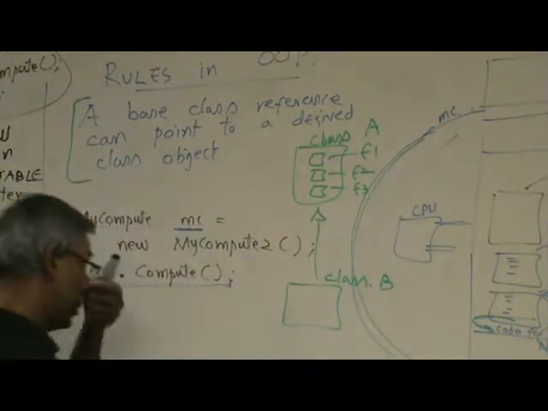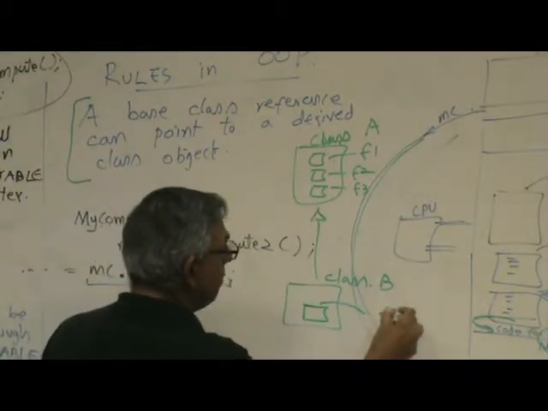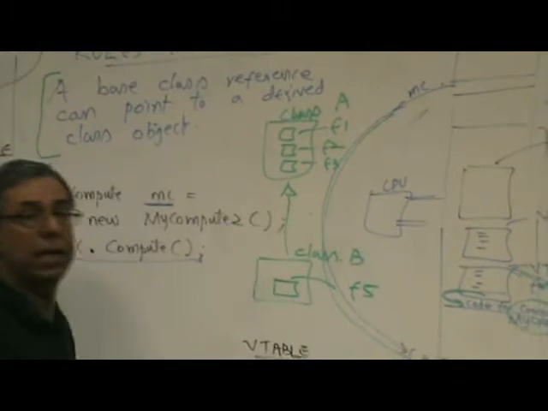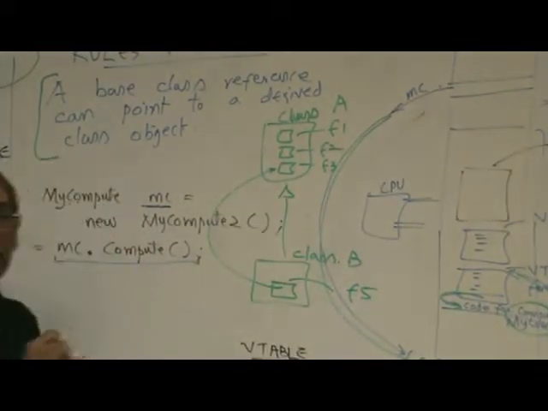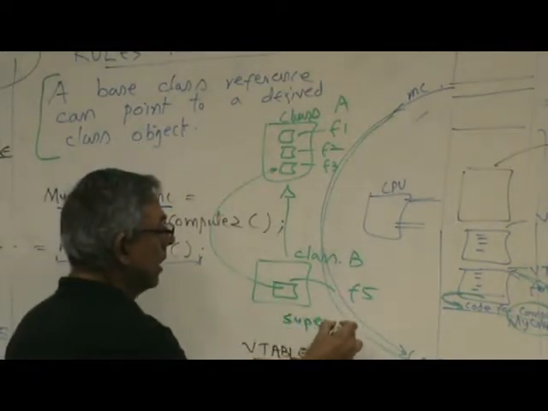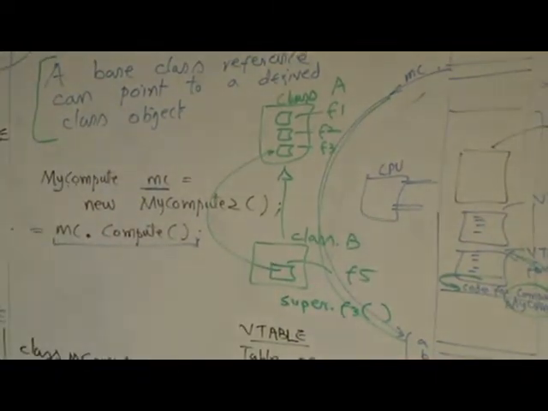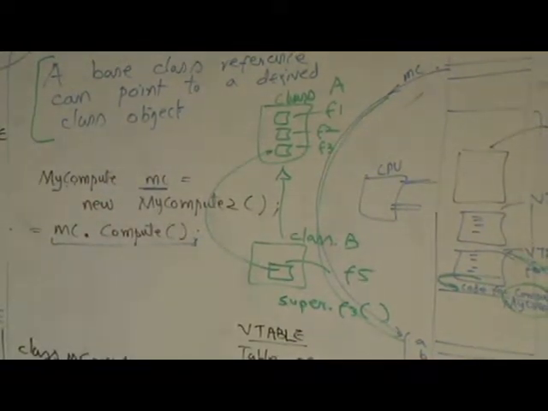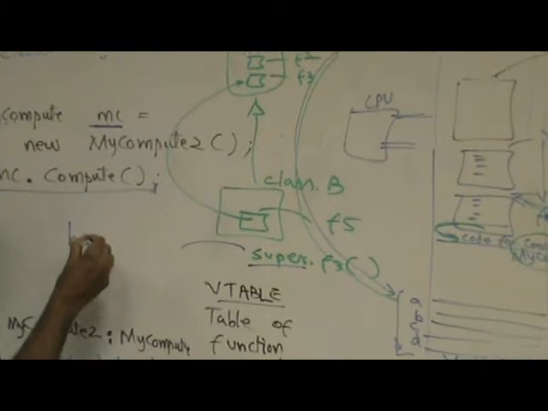Now suppose I have some function over here, F5, which has nothing to do with inheritance, and suppose this wanted to call F3. Using the super keyword, you can say super.f3. So that's a capability to call any function in the base class. In C#, what's the equivalent of super? Base. Okay.